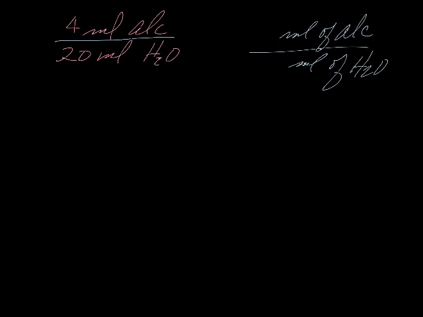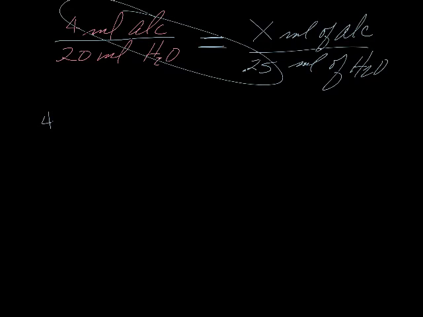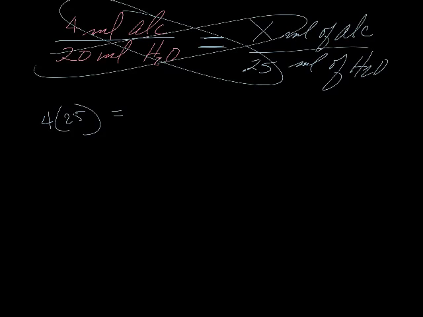Another solution is to have the same ratio. So we're going to put an equal sign there of alcohol to water, and must contain 25 milliliters of water. So it's already telling us that there's 25 milliliters of water. So what we're trying to figure out then is the number of milliliters of alcohol. So we cross multiply 4 times 25, and that equals 20 times x.